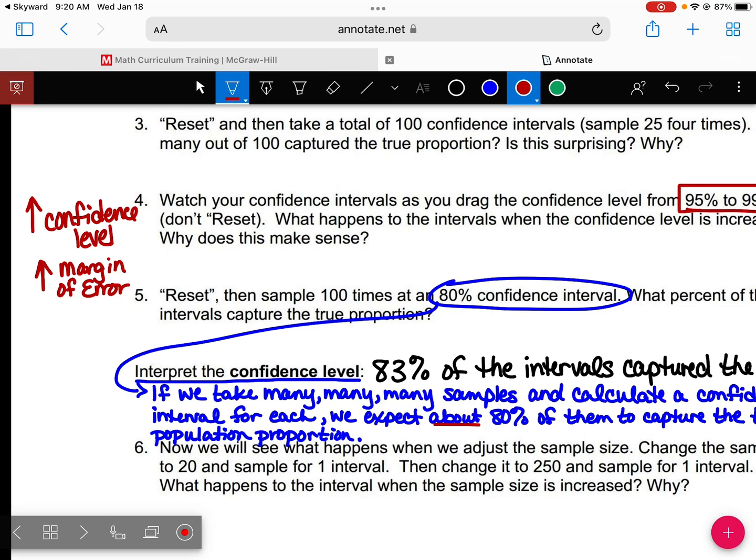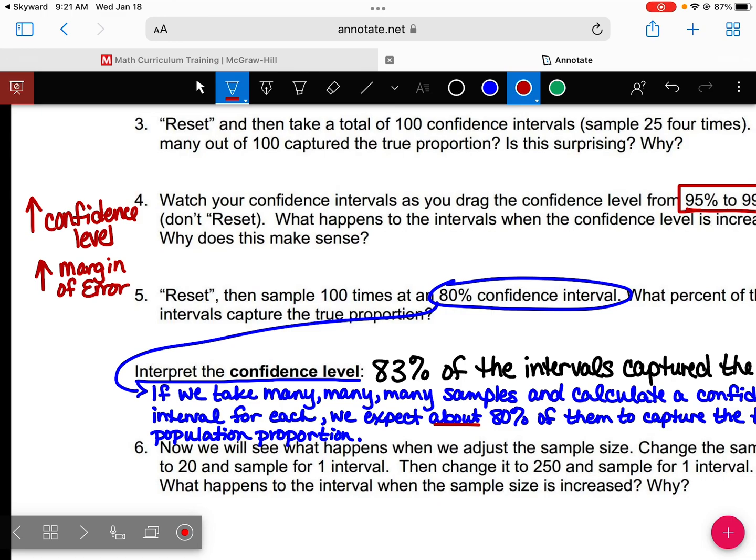I want to see what happens when we adjust our sample size. So I'm going to go back and look at this. We're going to do one sample that has a sample size of 20, and then we're going to do it again with a sample size of 250. I'm going to hit reset.